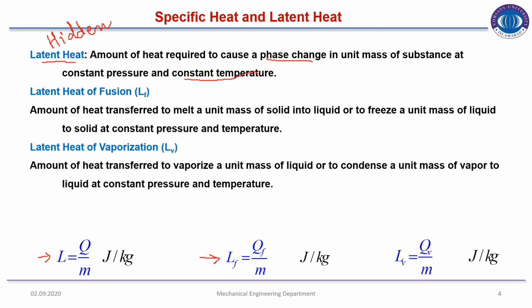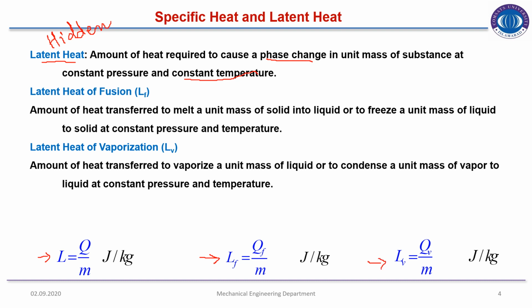The second type of latent heat is latent heat of vaporization, which is represented by LV. As the name suggests, vaporization is the process of conversion of liquid into vapors or gas. The definition of latent heat of vaporization is the amount of heat transferred to vaporize a unit mass of liquid or to condense a unit mass of vapor to liquid at constant pressure and temperature.